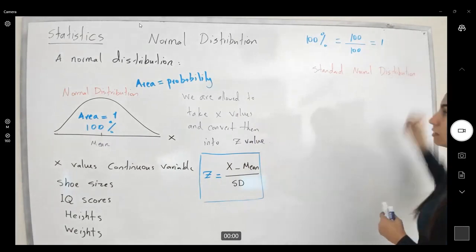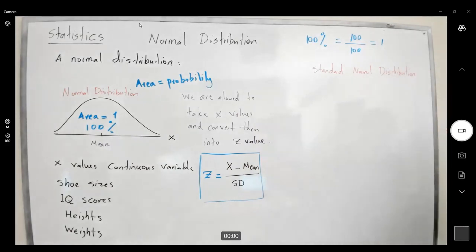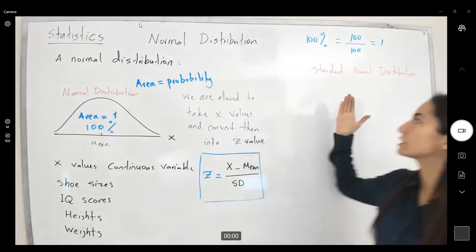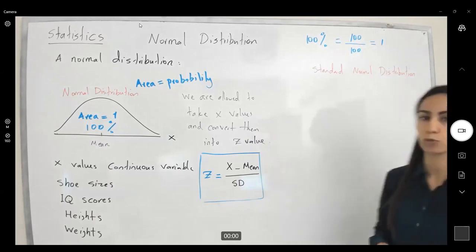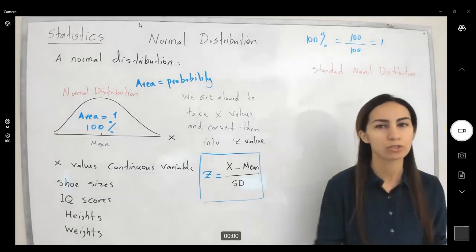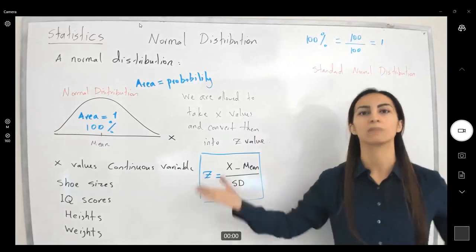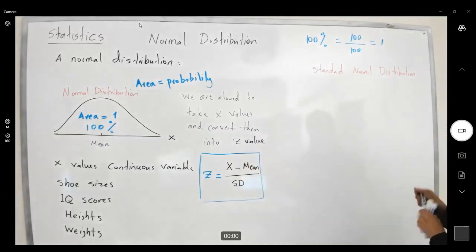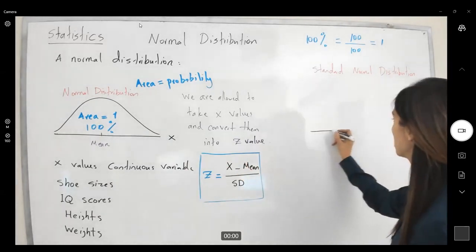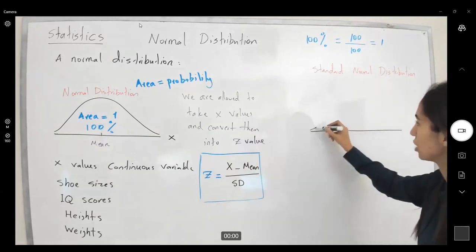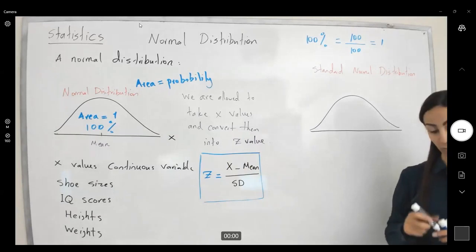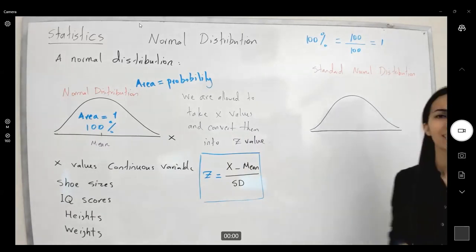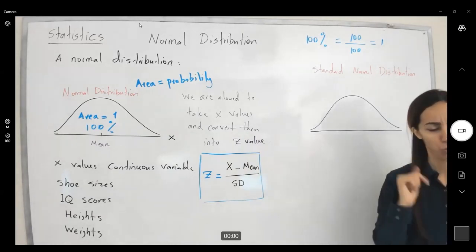What are the properties of this new distribution? It happens that this new distribution, which we call standard normal distribution, has the exact same shape. It is a bell-shaped graph. What about the area? The area is going to be 100% or 1.